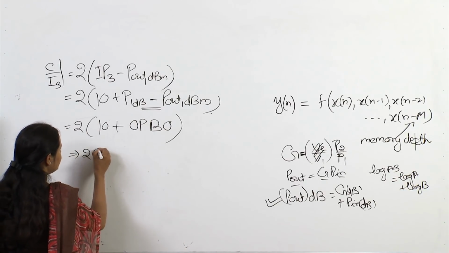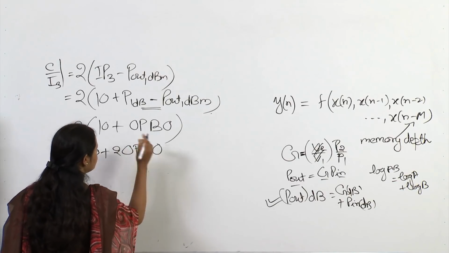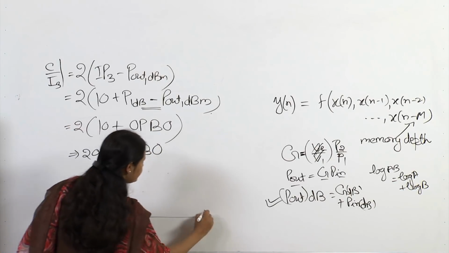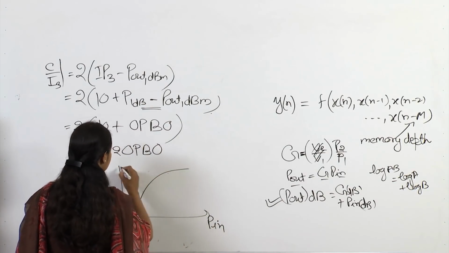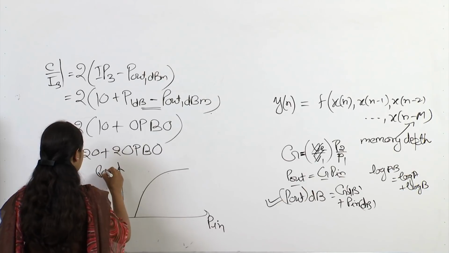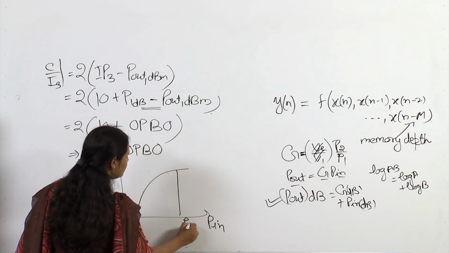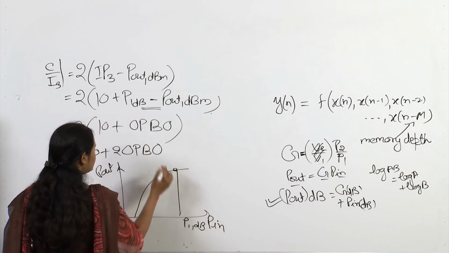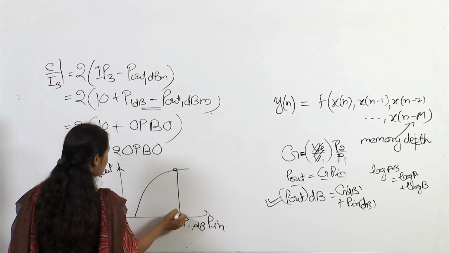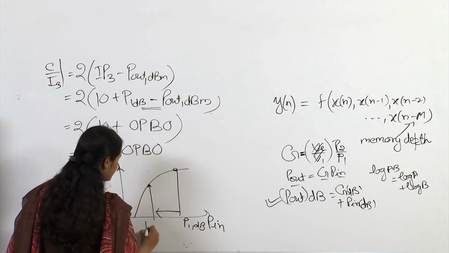So, it will become 20 plus 2 times the output power back off. If you understand this point, if this was the input power and this was the saturation curve for the amplifier, and this was, let us say, the P1 dB point here, and we have subtracted OPBO from here and reached our original power, which was this power.